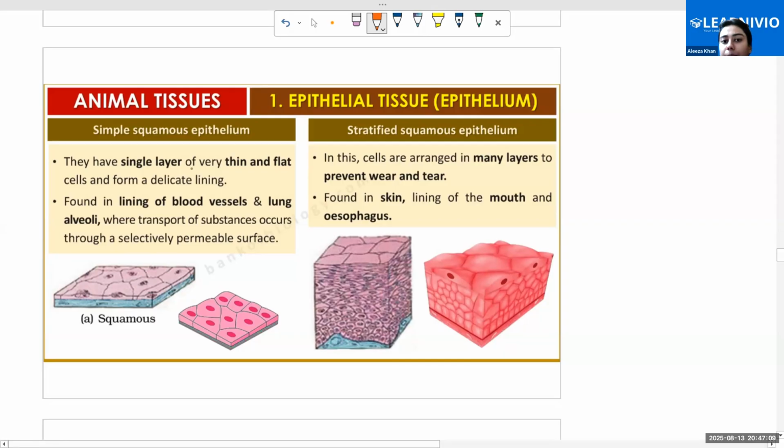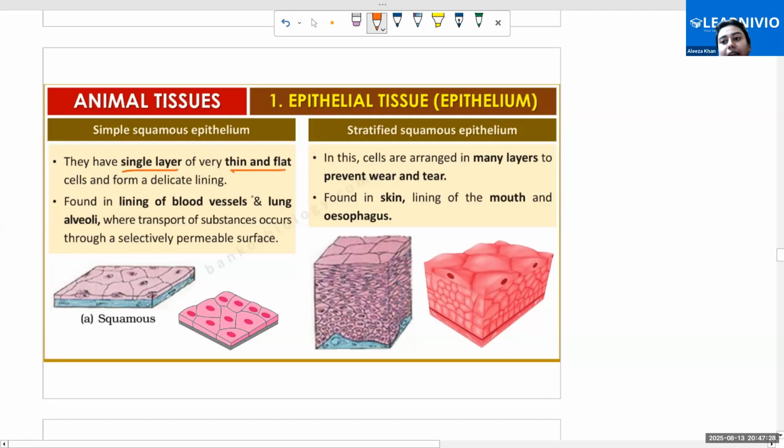So comparing the simple squamous and stratified squamous. Since we have already seen from the structure that they have a single layer, they are thin, not thick, and flat surfaces.